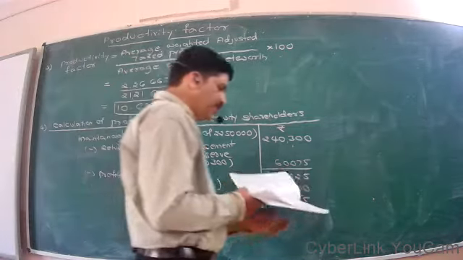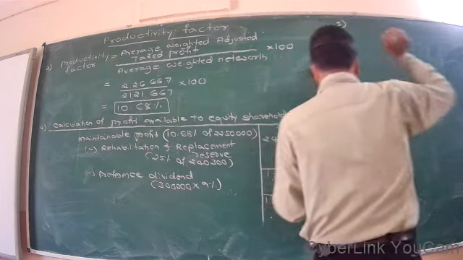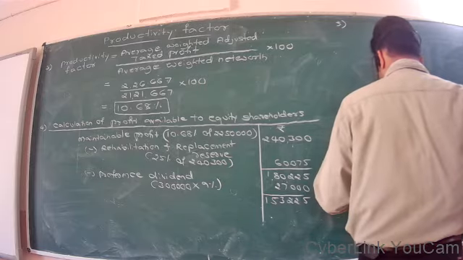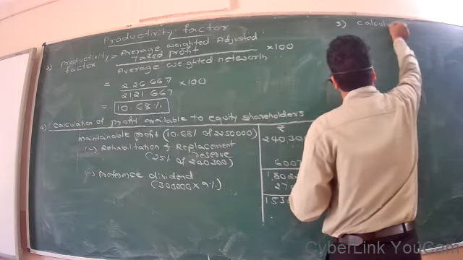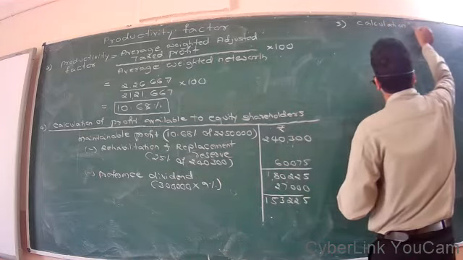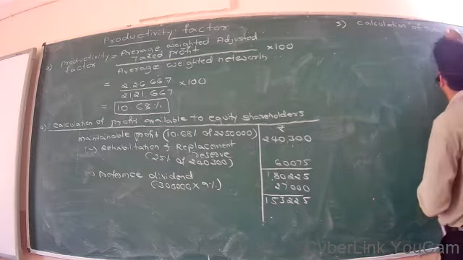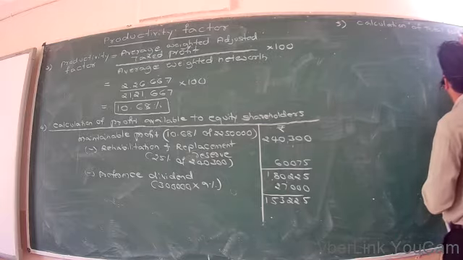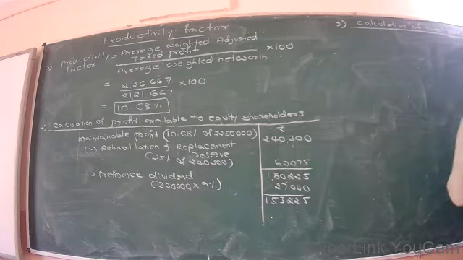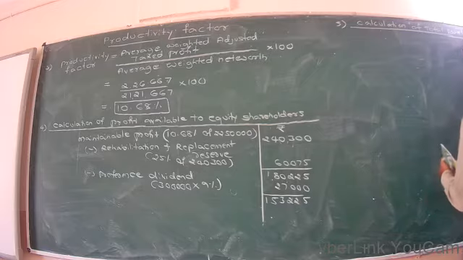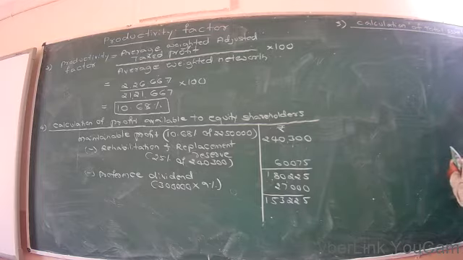Now, let's move to the next one. That is step 5. Calculation of total assets. Here, we follow all particulars and amount in rupees.